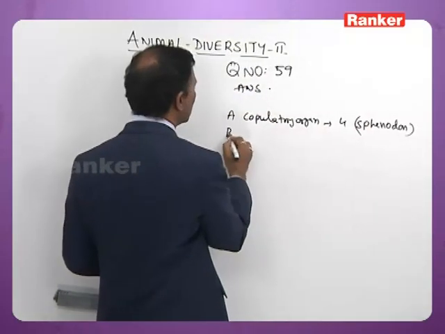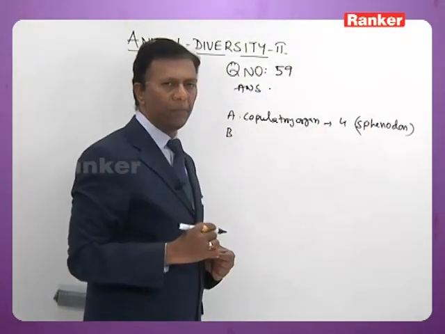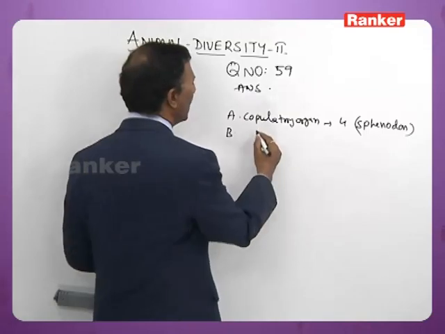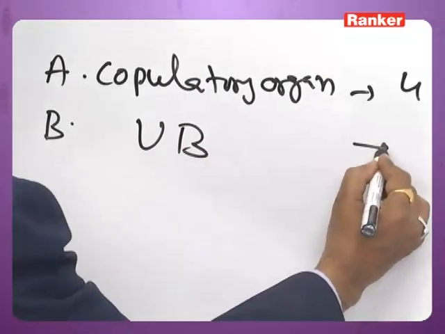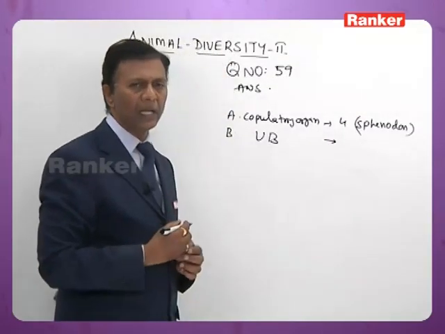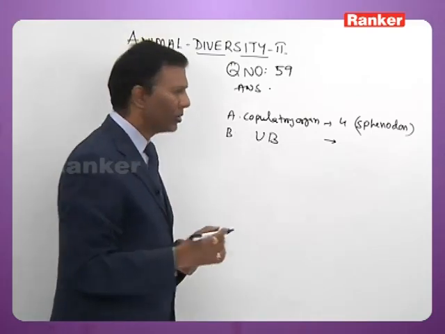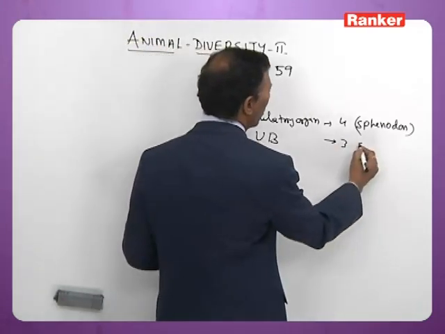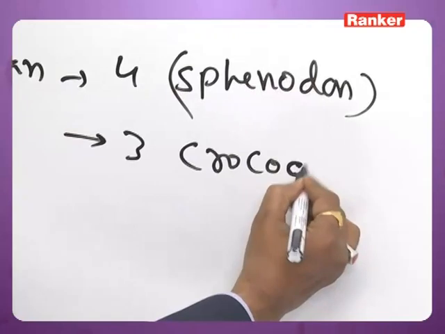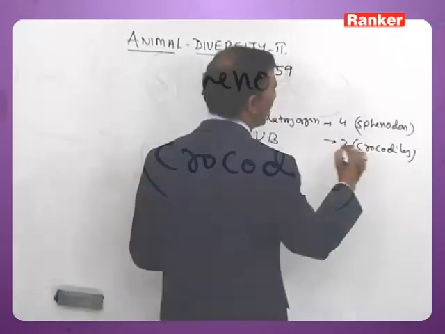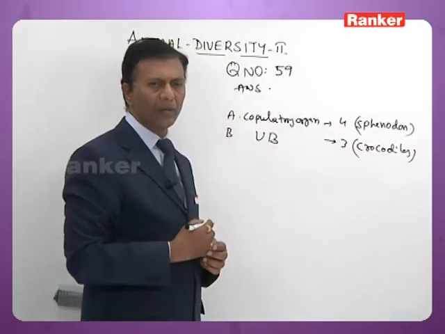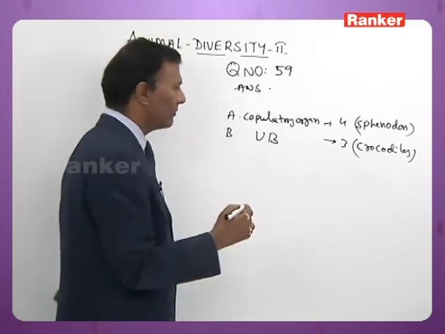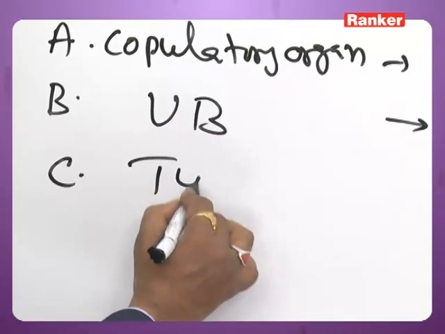Then next, B. Urinary bladder. Urinary bladder is absent in crocodiles. So option 3 is correct. Next, C. Tympanum.